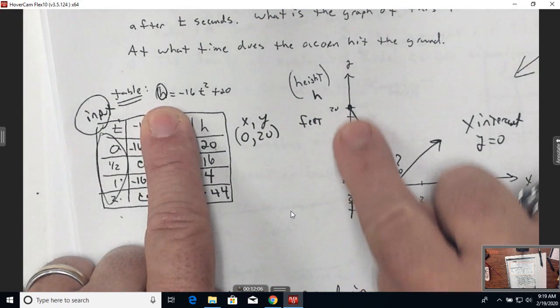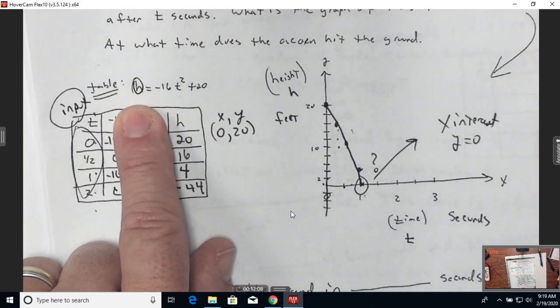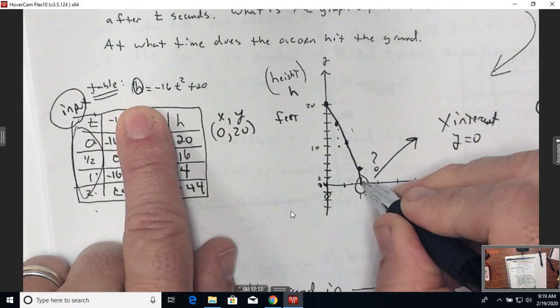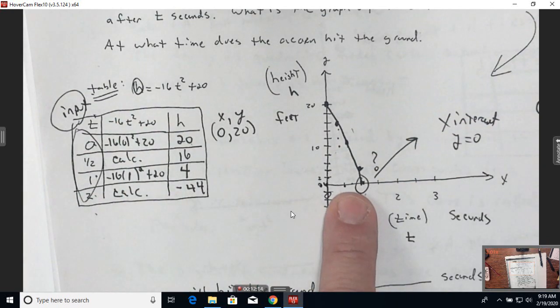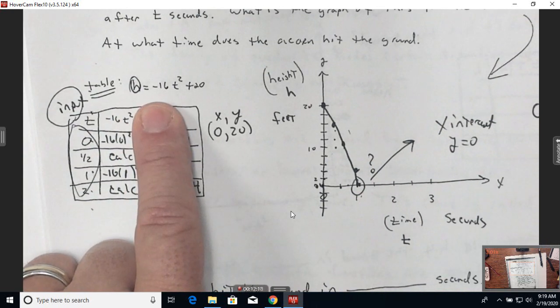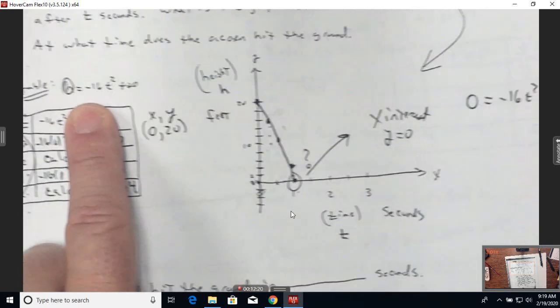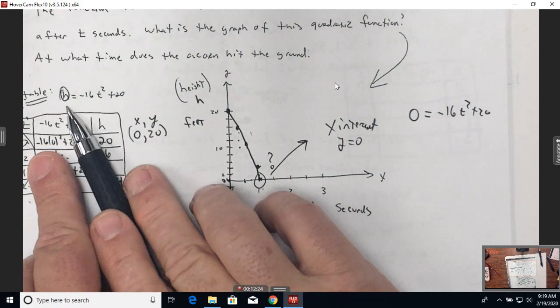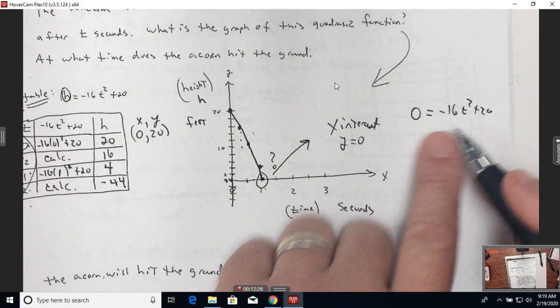And my y is referring to my height, which is 0. So I could just say, hey, if the height is 0, what would x be? So I can plug in the output to the function to find the time that it hits it. I could do this with pencil and paper. You see what I did? Plug in a 0 for the height and see what is the x that returns a 0.